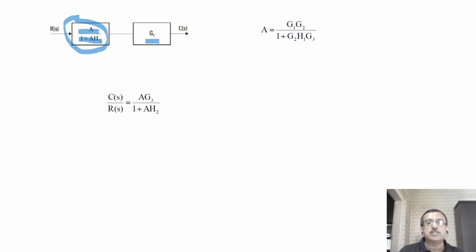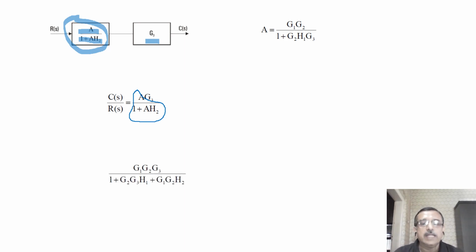So this is the first block, A by 1 plus A H2, that into G3 is the overall transfer function. The remaining is algebra, you do it and you will get the final answer as G1 G2 G3 divided by 1 plus G2 G3 H1 plus G1 G2 H2.